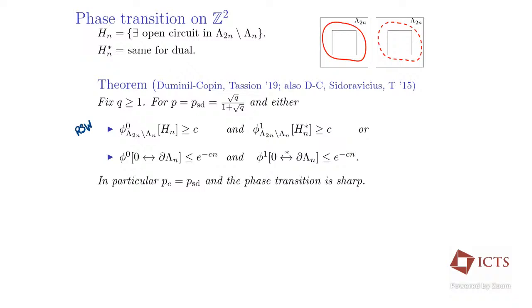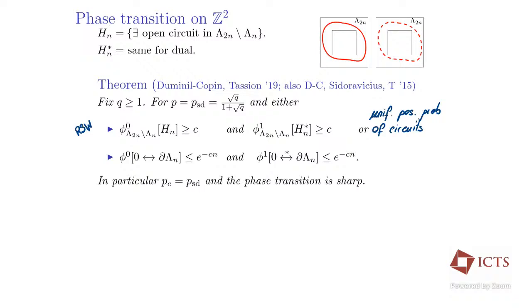If you look at the probability of having a circuit in an annulus, you remember this RSW was telling you that this has uniformly positive probability. So this probability is uniformly positive. Oh, sorry. It's what's written here. Both for the primal model and for the dual model.